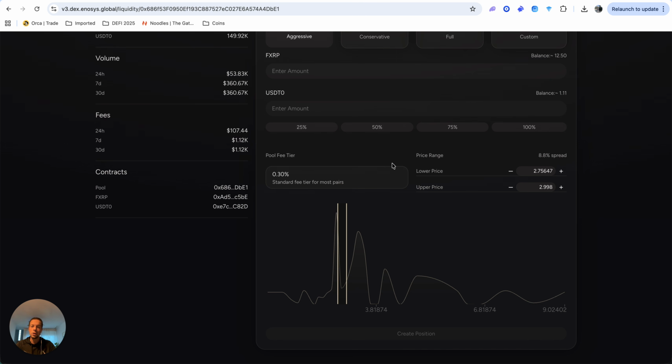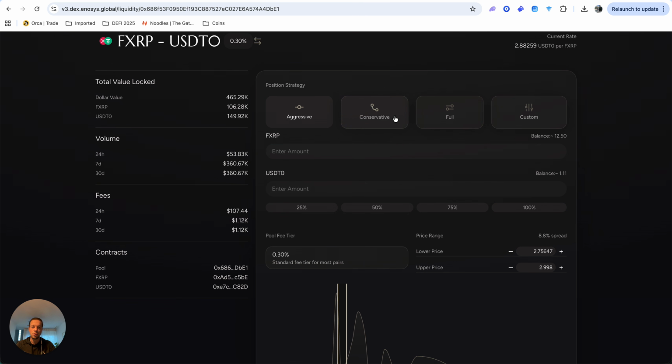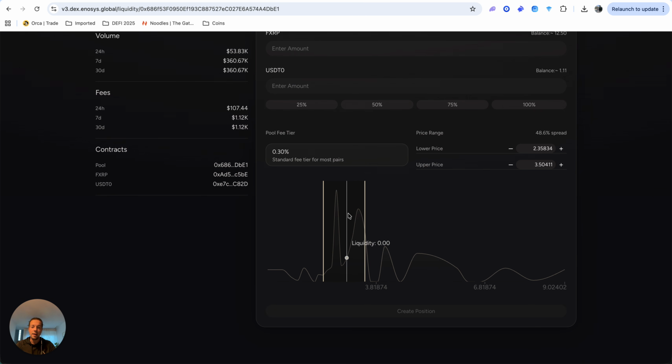So if we look at Enosys, let's say we do the conservative strategy, as you can see, Enosys is giving you this 50-50 ratio, right? It is asking you for the lower range of 2.35 and the upper one of 3.5. Essentially, this is pretty much a 50% spread, and what it means is that you will be deploying capital in both assets in 50-50 proportion.